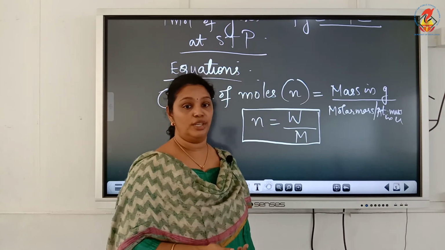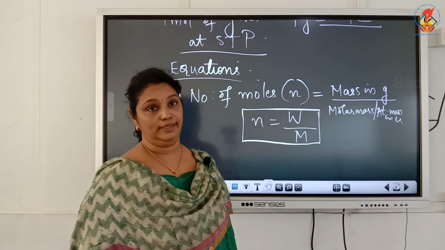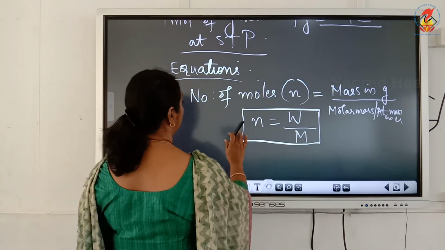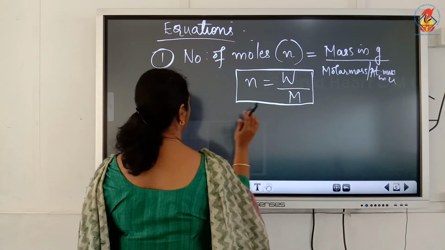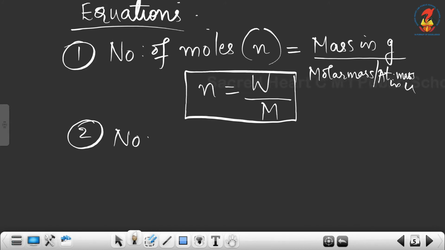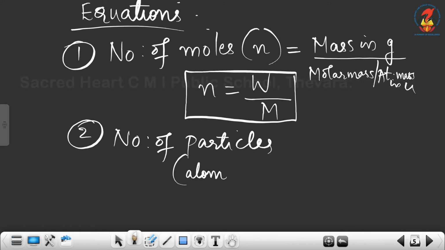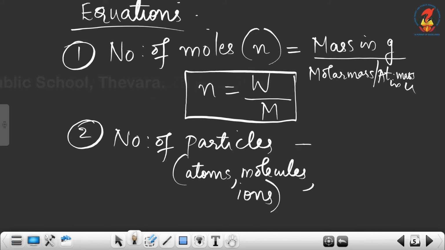Now, the next equation is to find the number of particles. So, equation number 2. Number of particles. When I say particles, it means atoms, molecules or ions. Number of particles is equal to number of moles, small n, into Avogadro number.